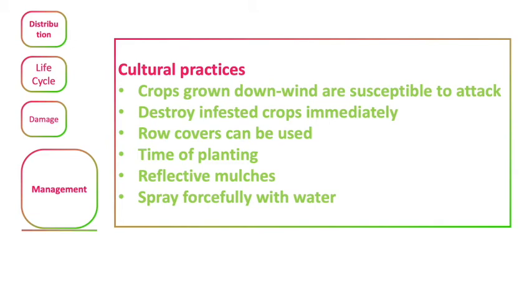Reflective mulches also affect aphid populations under open field conditions. Aphids are easily dislodged from plants if they are sprayed forcefully with water, reducing their abundance and lessening their plant damage, although probably not practical in most vegetable cropping environments because of the potential of plant injury.